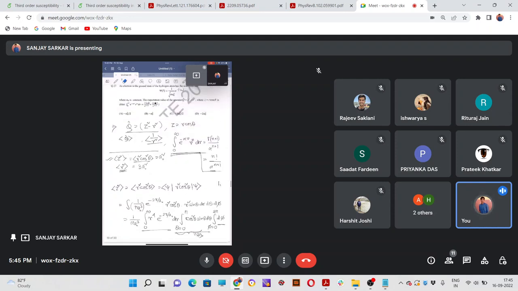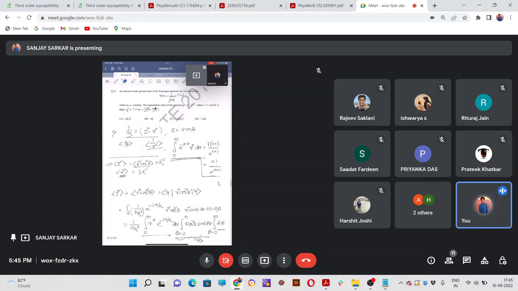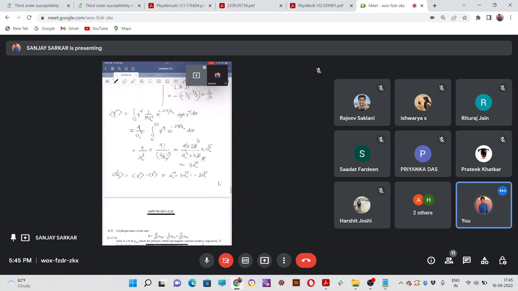So for this question, option D is correct again, that is minus 2 a naught square. So I hope this is clear, and if not, you can ask wherever you have doubt.